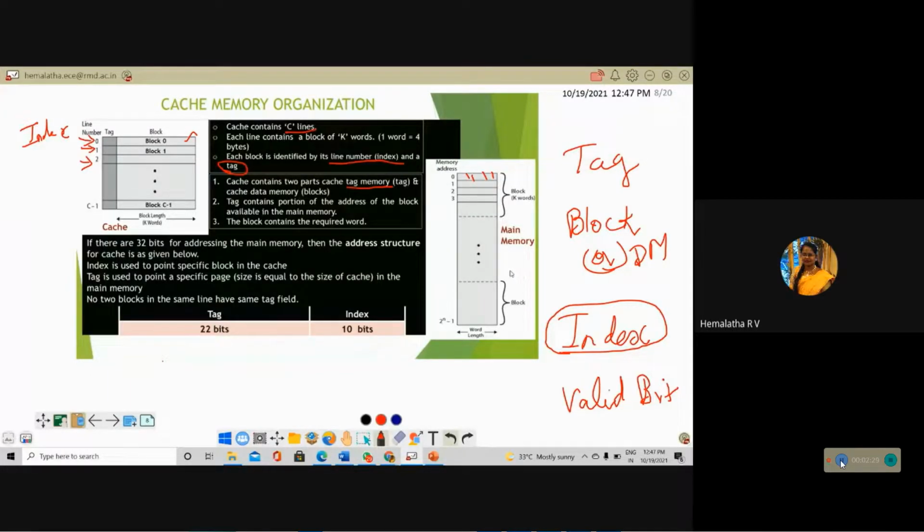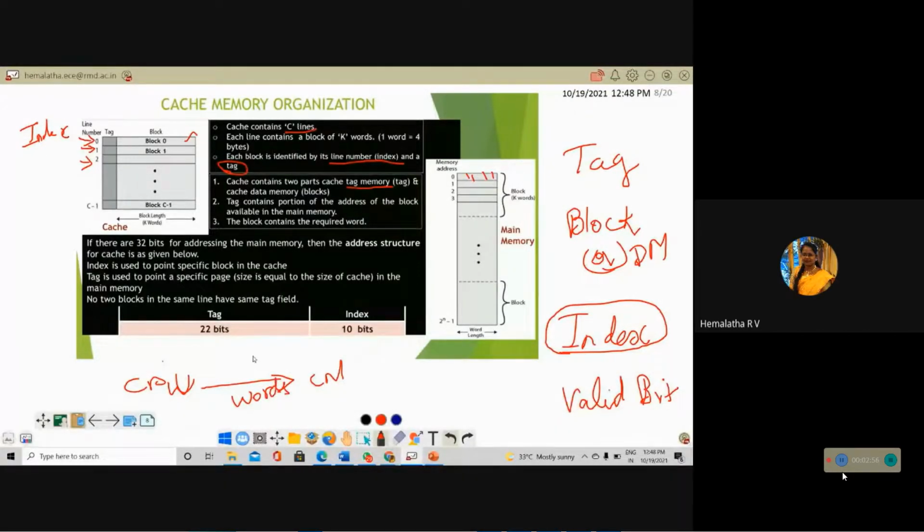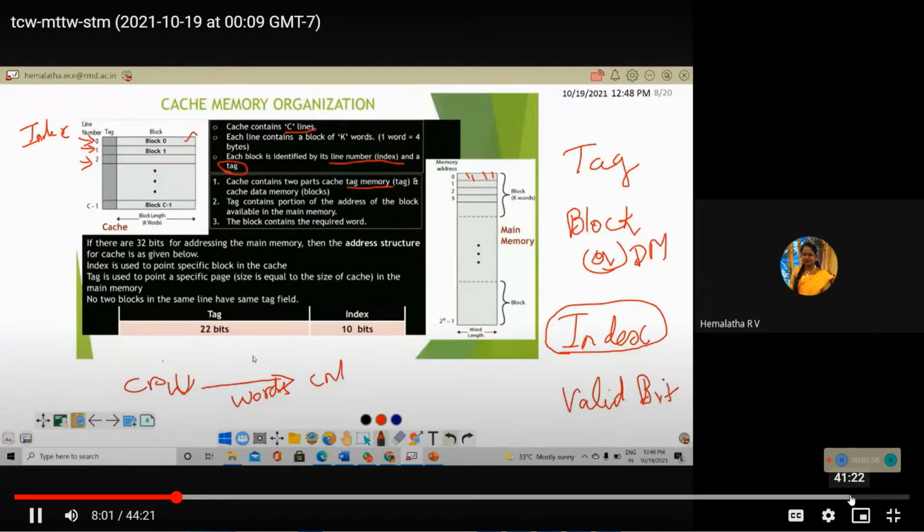Whenever you need to move a block from the main memory to cache memory, when the processor, your CPU, is requesting your cache memory for a certain word, a certain page, you have to identify whether the requested word is inside the cache memory or not.